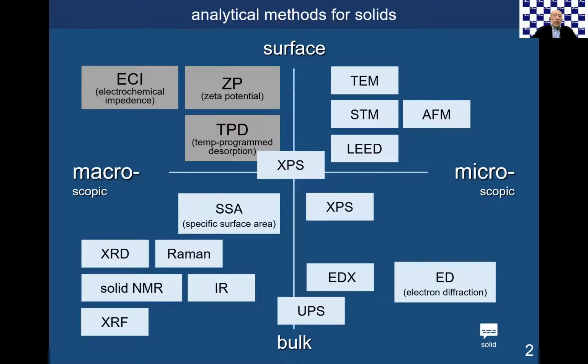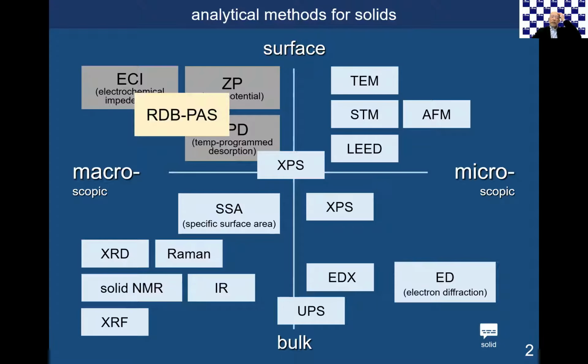In ordinary powders, it is a bit difficult to obtain macroscopic information on the surface. And also, as I told you in the beginning, XRD shows only the crystalline structure, and we have no technique to characterize amorphous phases.